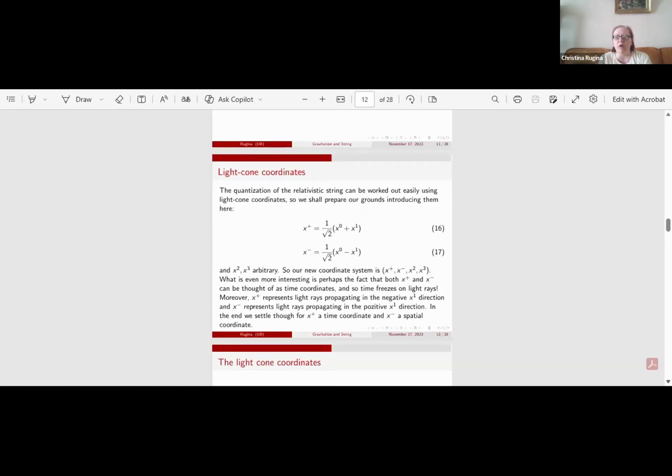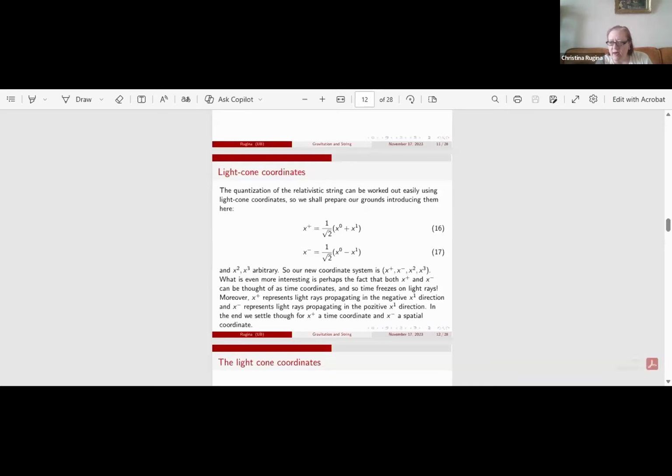We'll see very interesting properties. All these things become visible in light cone coordinates, which is why he prefers them. They are very didactical and show you immediately the properties that are visible with the naked eye.